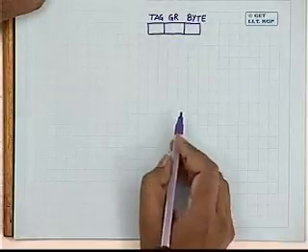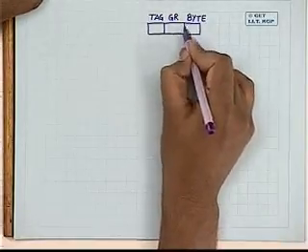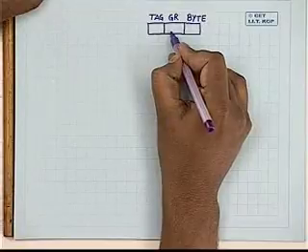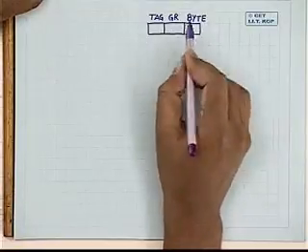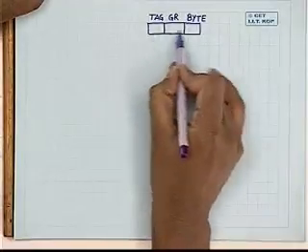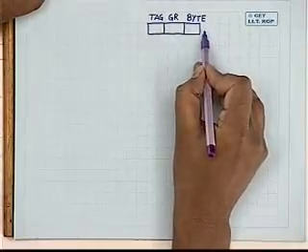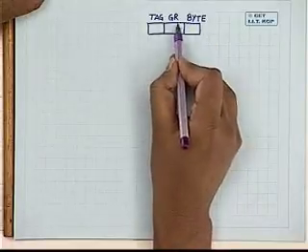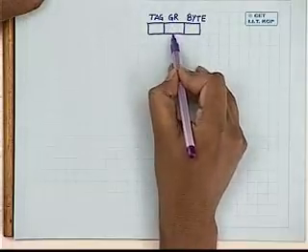Okay. So first what I have to do is I have to identify the group which is being searched for, and this group identification will come from the main memory address itself. The total number of bits in this main memory address is 16, out of which the group field contains 8 bits.